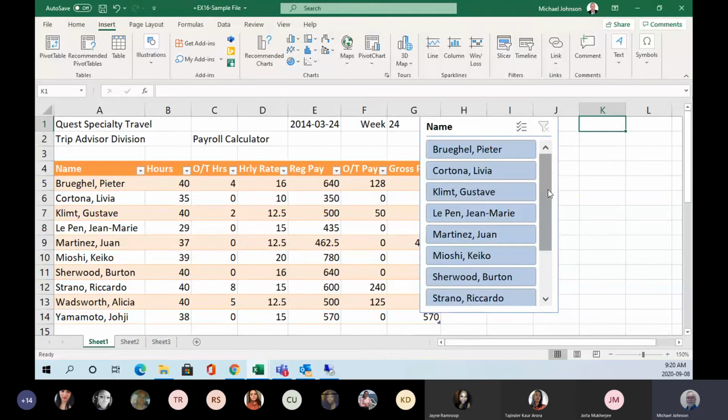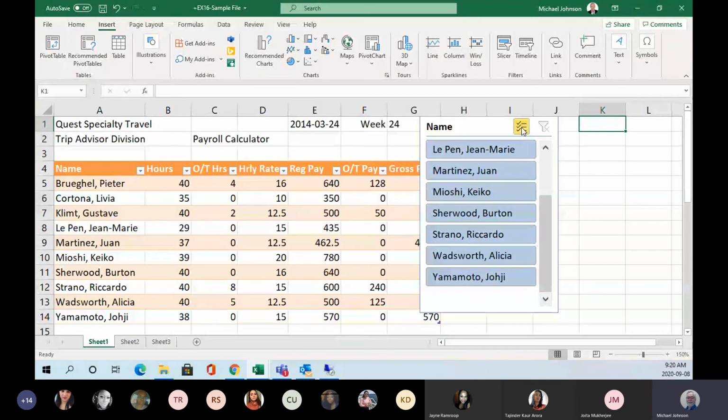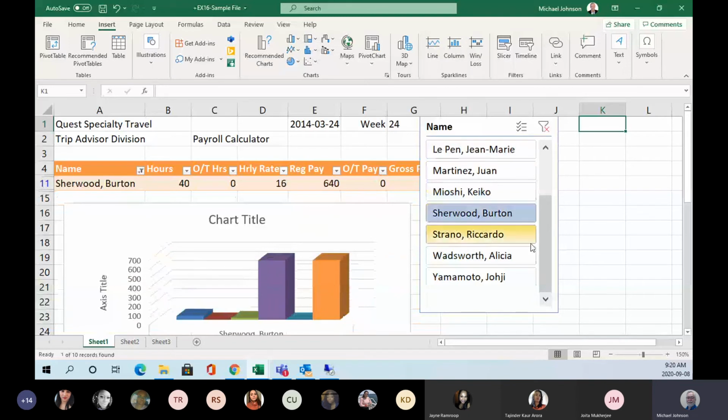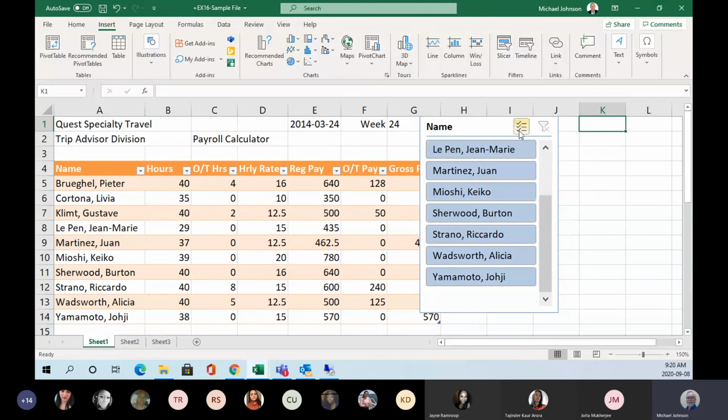And if I wanted to, we also have an option here. So this particular option allows me to choose multiple. So up until this point, we were only getting one person. Okay, so one person at a time. But if I choose this option, I can now pick several at a time.